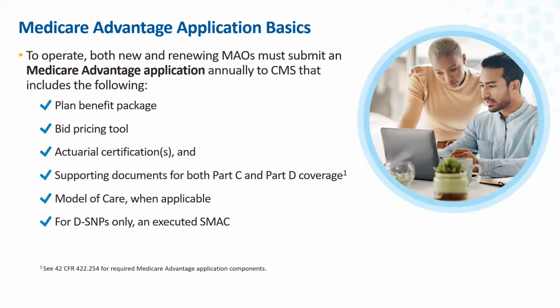Both new and renewing Medicare Advantage organizations must submit a Medicare Advantage application annually to CMS that includes the following information for each plan it offers: a plan benefit package, or PBP, which contains covered benefit and cost sharing information; a bid pricing tool, or BPT, which contains financial projections; actuarial certifications of the financial projections; supporting documentation for both Part C and Part D coverage; a model of care when applicable; and for DSNPs only, an executed state Medicaid agency contract. Applications are submitted via CMS's Health Plan Management System, or HPMS. HPMS is a web-based management system used in the ongoing operation of the Medicare Advantage program.